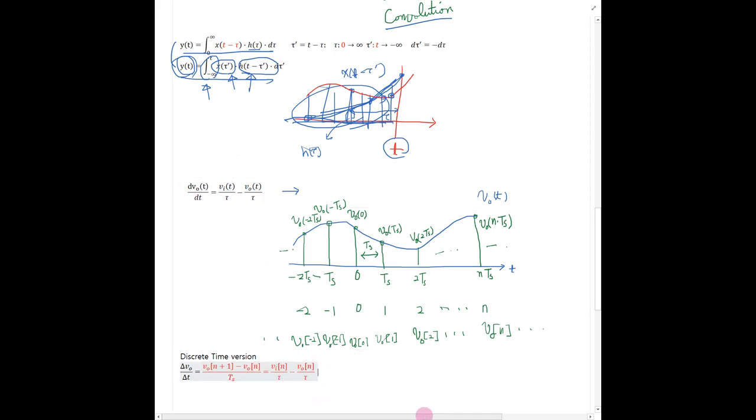Okay, I would like to rewrite this by multiplying by Ts and pushing vo to the right-hand side. Then vo[n+1] equals (1 minus Ts over tau) times vo[n] plus Ts over tau times vi[n].